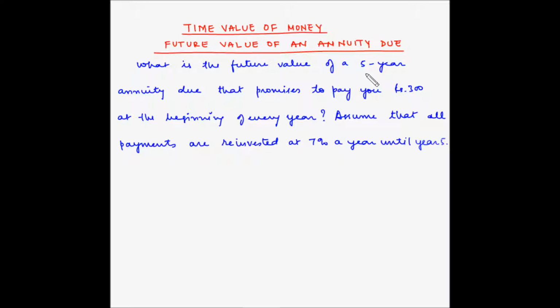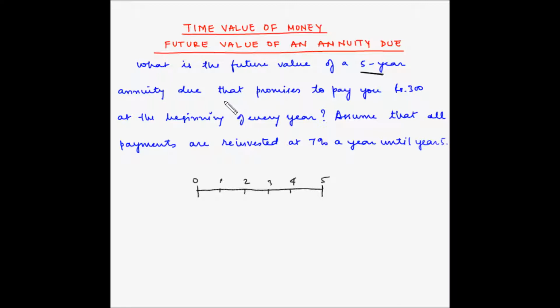So the tenure here is 5 years because this is a 5-year annuity. So let's say this is the time scale: 0, 1, 2, 3, 4, and 5.